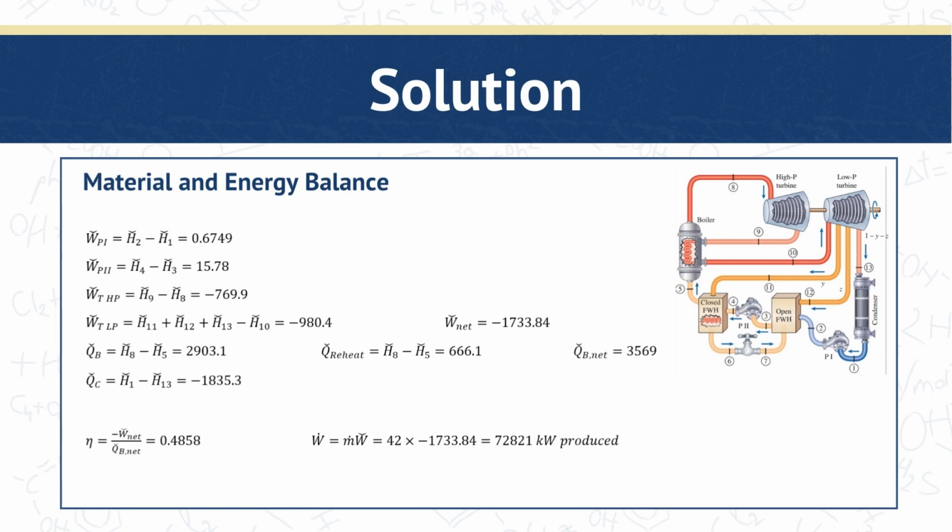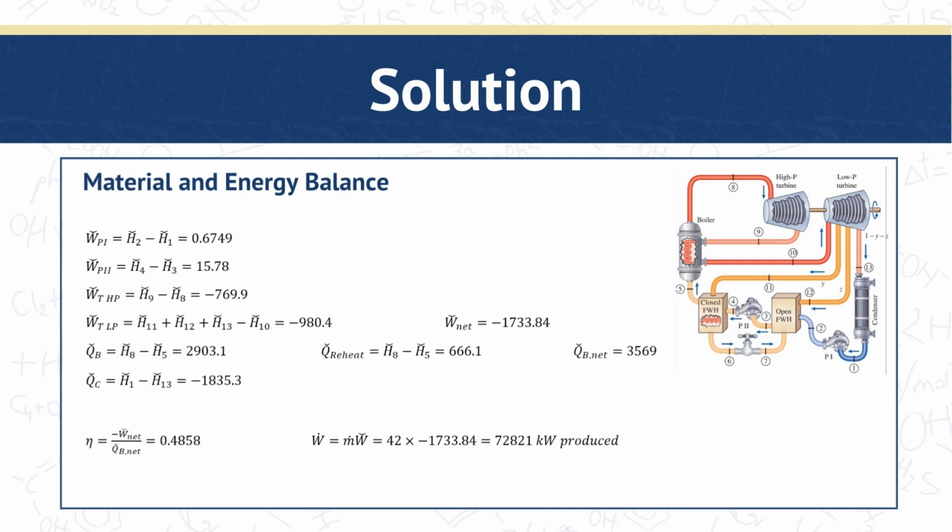And for the QB net, which is the total, it is 3,569, which is greater than W net, which is the net energy that is produced by the turbines, accounting for the energy consumed by the pumps. And usually this is not required, but we can calculate the heat that is produced by the condenser, which is negative 1835.